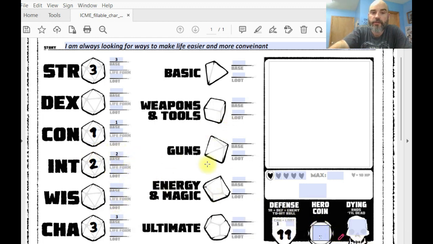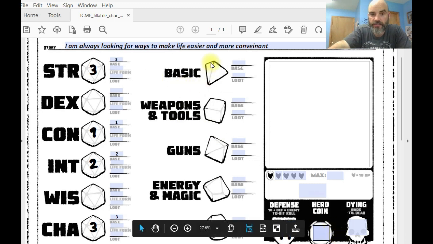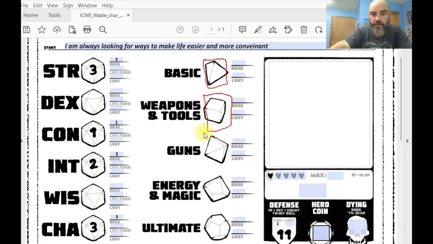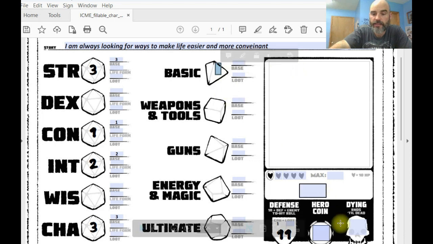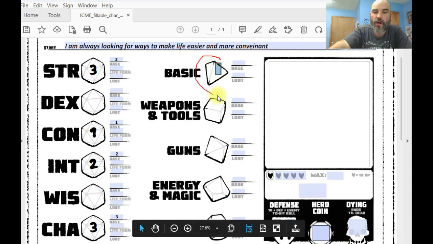All right. So now we're moving on to the other dice. So once again, the dice are very wonderfully graphicked here. So you can see there's like little pictures of what the dice look like. The basic dice is just if you are trying something that requires your hands or your brain.